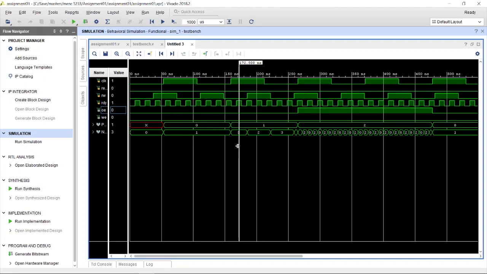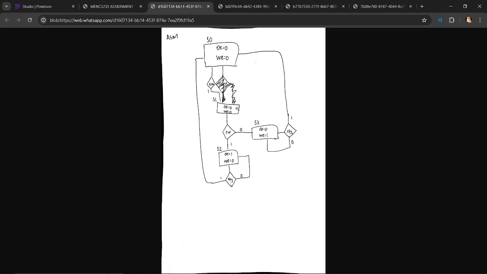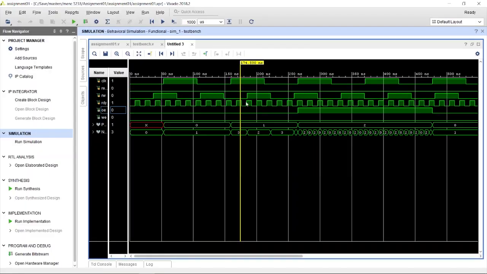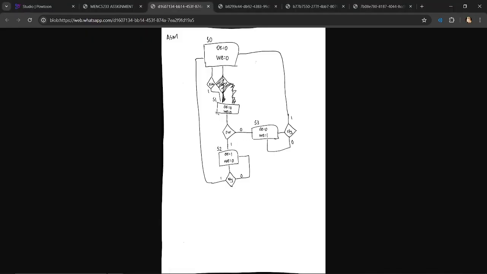Now when you're at 1, you only look at RW, 0 or 1. Here, your RW is 0, so you will be at 3. Your RW becomes 1 here to here, the next state is 2, and then here to here 0. That is state 1.